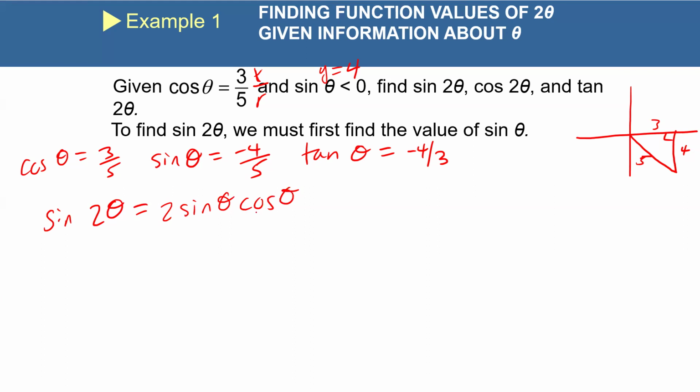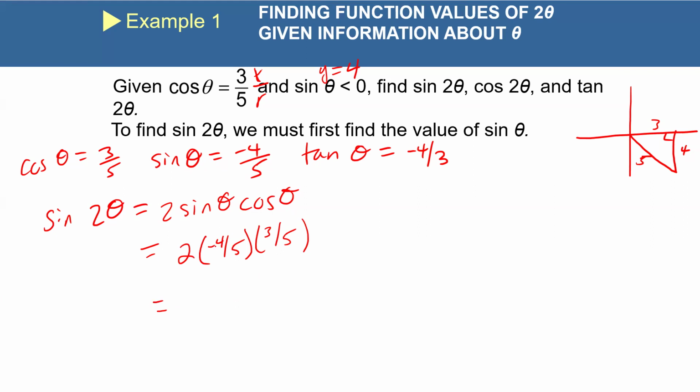And do we know the value of sine and cosine? So we're going to plug those in. Sine theta equals -4/5. Cosine theta equals 3/5.